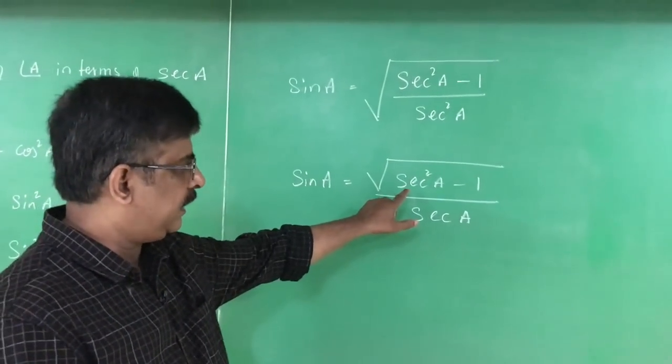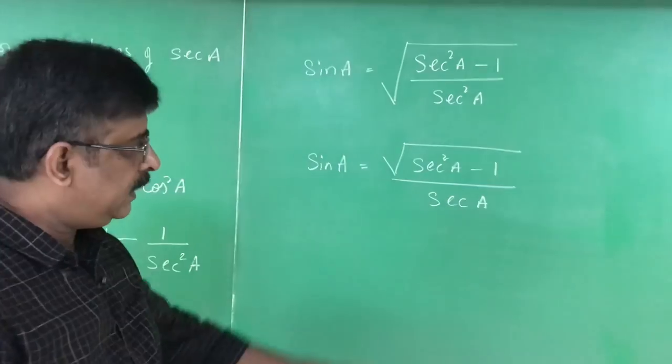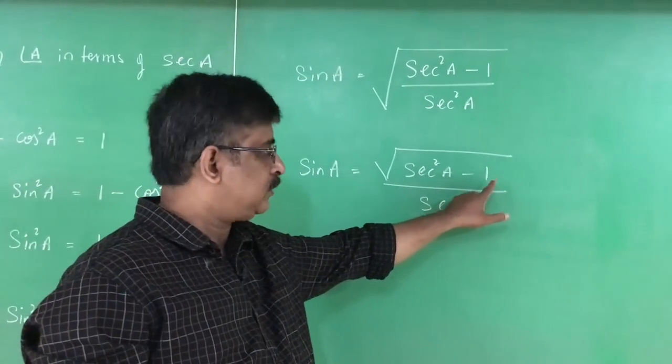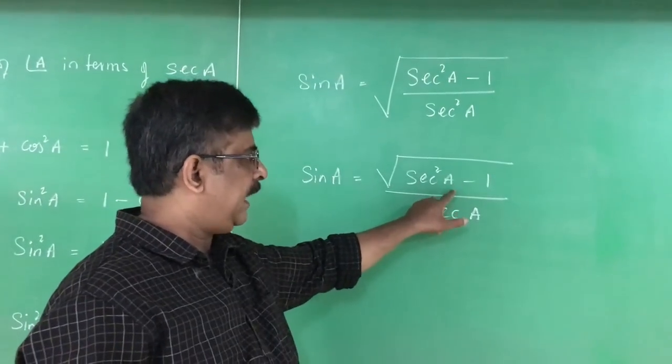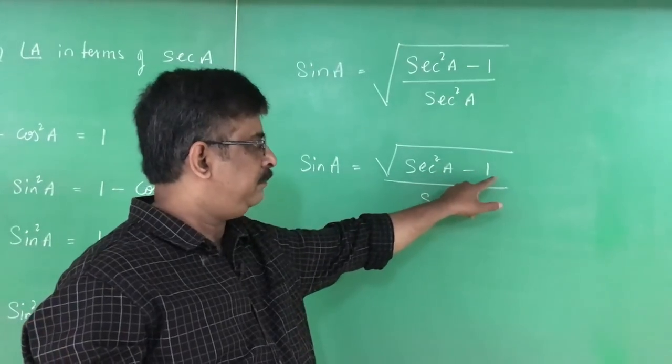The numerator, secant square A minus 1, is in the form of A square minus B square, because 1 is the same as 1 square.